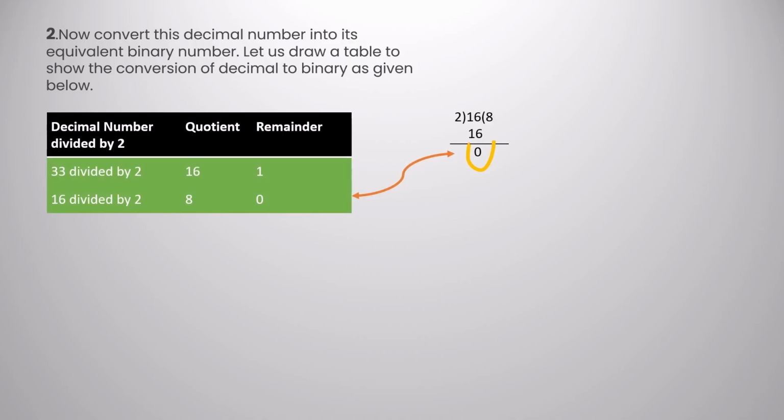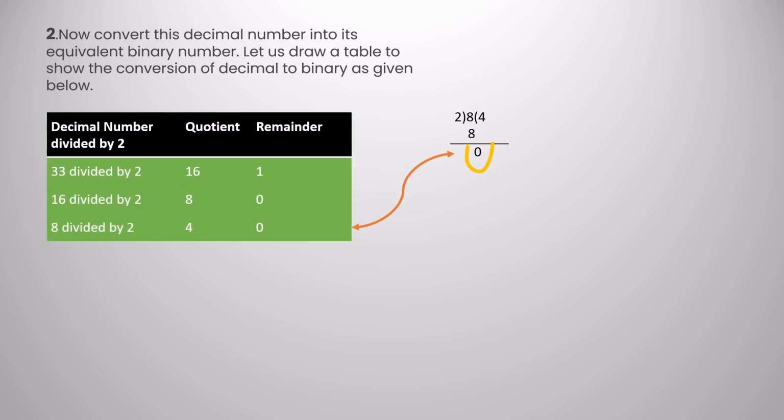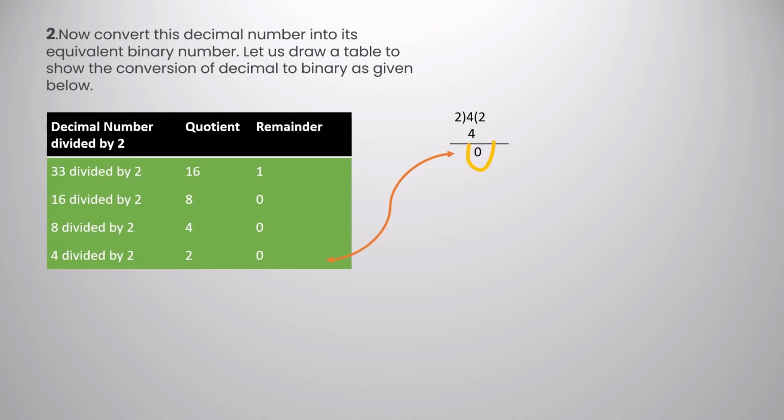The last quotient, 16, is divided again by 2, and we get the new quotient 8 and the remainder 0. We have to note all the remainders. Remainders are very important because those are the only required binary digits. Then 8 divided by 2 gives quotient 4 and remainder 0. Then 4 divided by 2 gives quotient 2 and remainder 0.